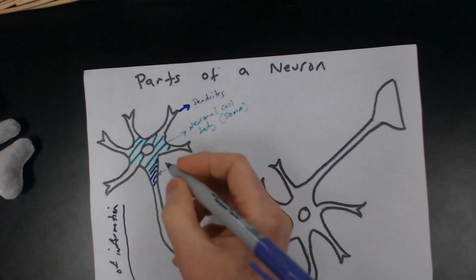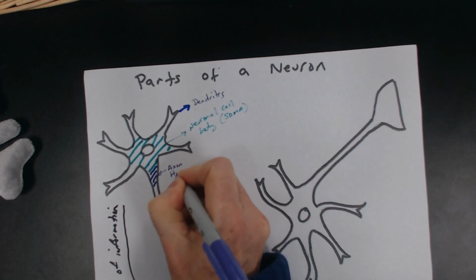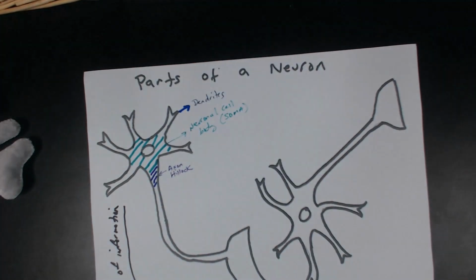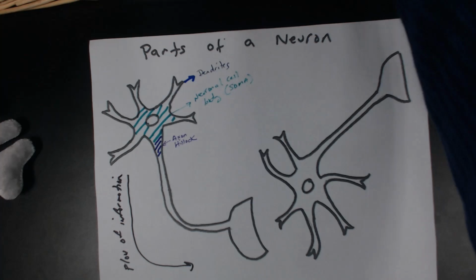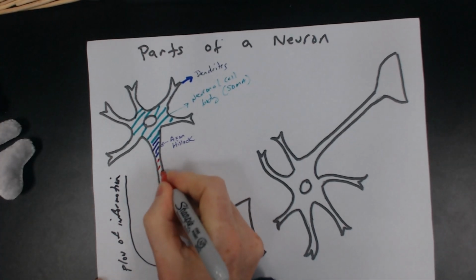We'll talk about action potentials in a minute. So dendrites receive information on the outside. You have your soma or cell body, then your axon hillock, and on the way down, you have your axon proper. So this is going to be your axon.